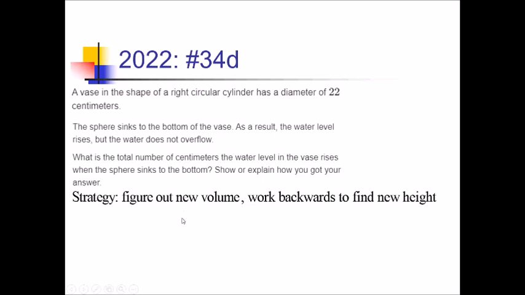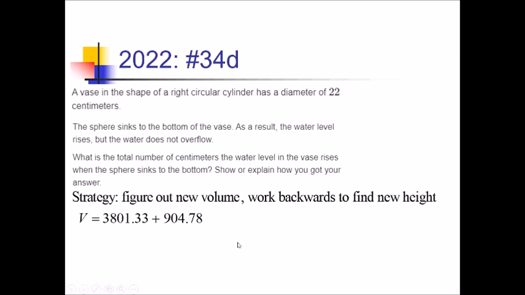So first, let's find our new volume. So from part B, the volume of the water that was in there, the 10 centimeters of water, that was 3,801.33 cubic centimeters. And then you might recall from part C, the volume of our sphere we found was 904.78 cubic centimeters.